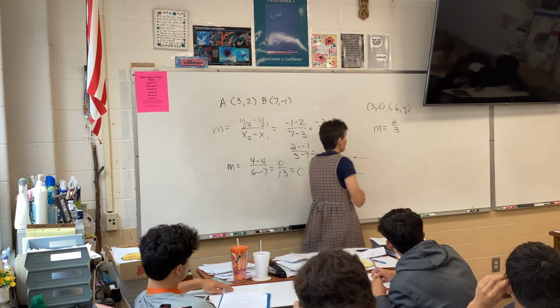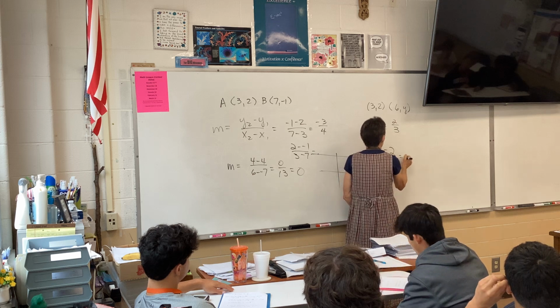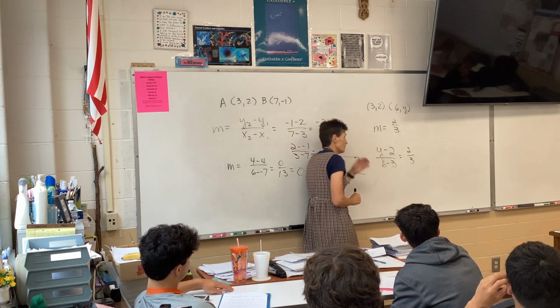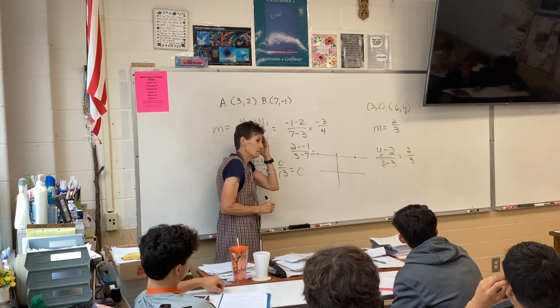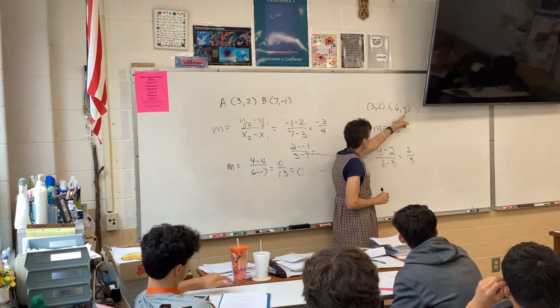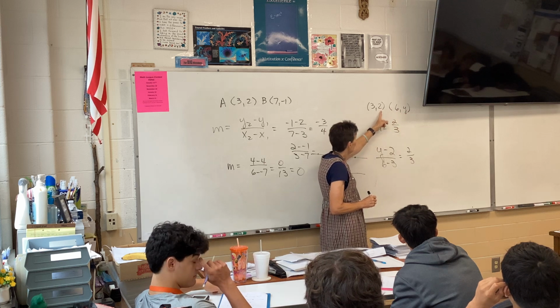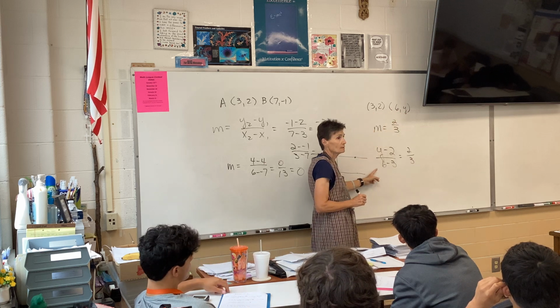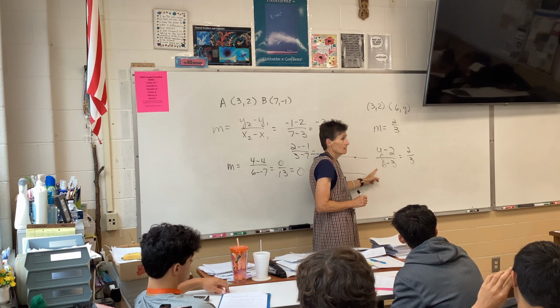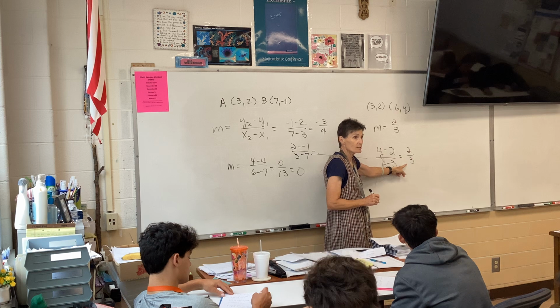So if that makes sense to you, go ahead and do it. Watch this. What do you think about that? What's the slope here? Wouldn't the slope be y minus 2 over 6 minus 3? And they told me that the slope is 2/3.